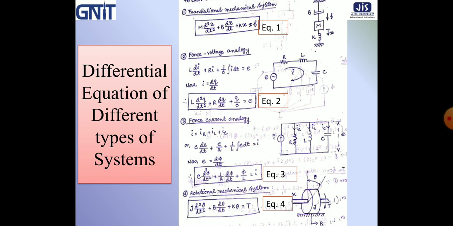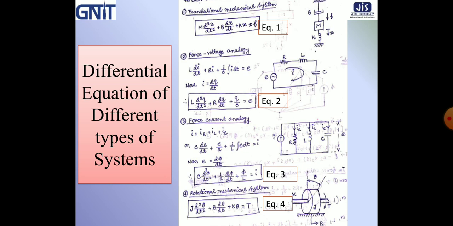And if the total force applied to the system is small f, then this total force is divided into spring, mass, and damper.